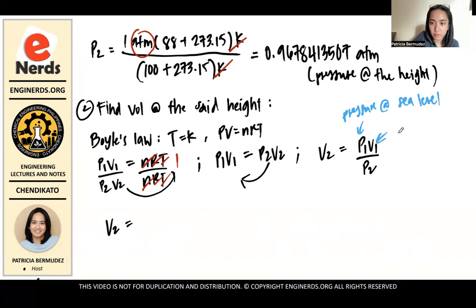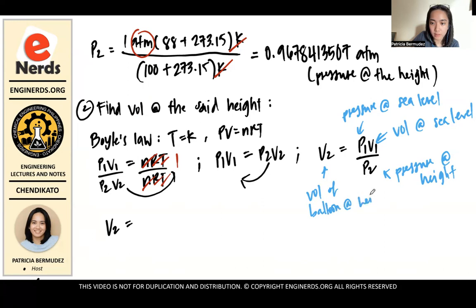And this one is the volume at sea level. And this one is the pressure at height. And this one is the volume of balloon at the height.